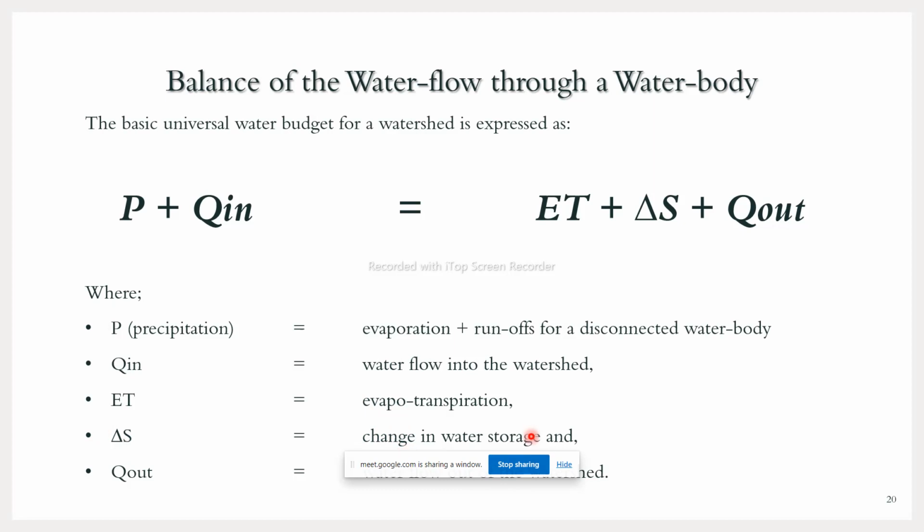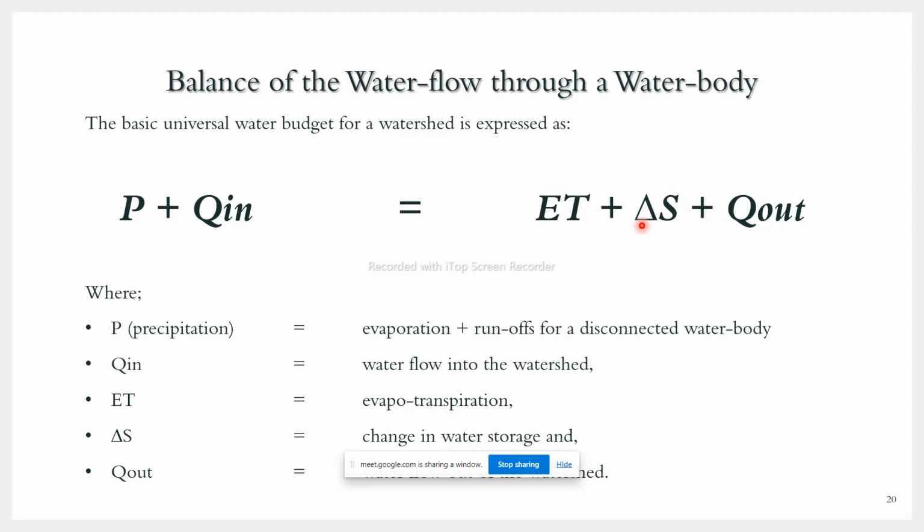Delta S is the change in the water storage. It is basically the volumetric change. If the precipitation is given in millimeter terms, then we have to multiply it with the surface area of the water body to make the entire equation in volumetric terms, because delta S is in volumetric terms.